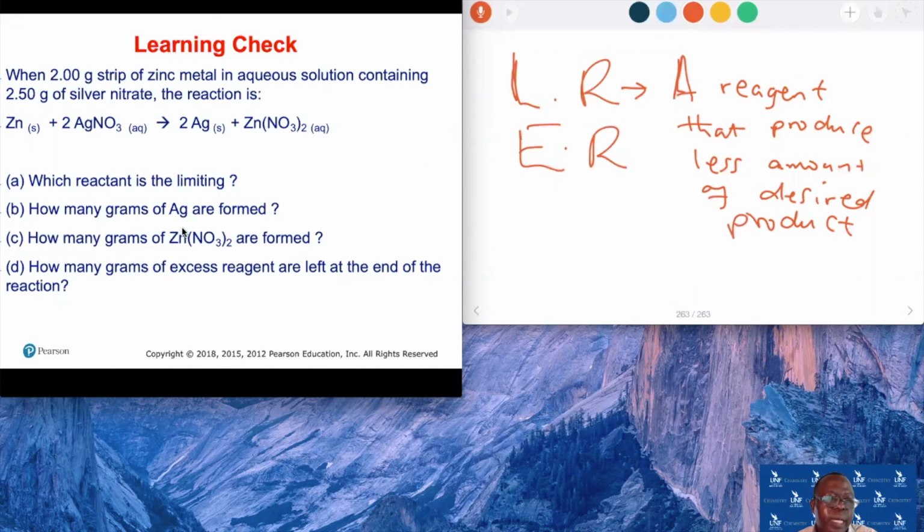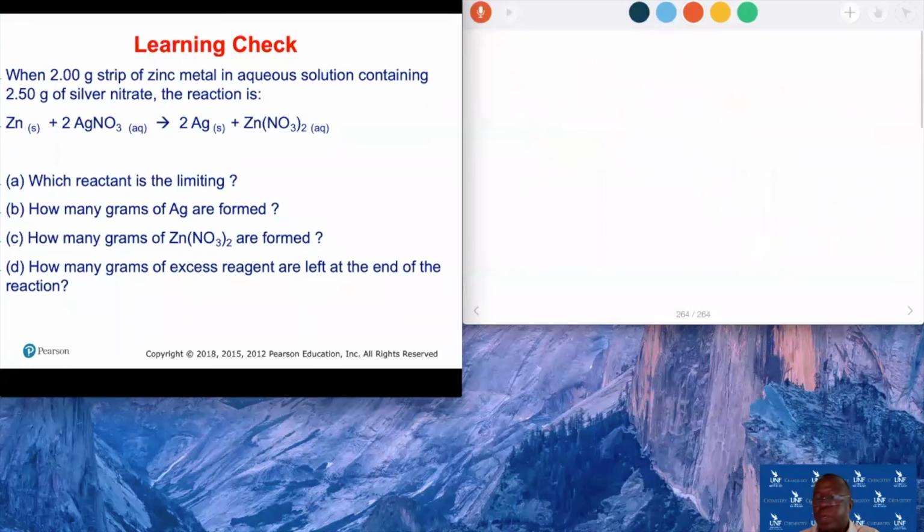At this point, we don't know which one is the limiting reagent. We don't know which one is the excess reagent. We don't know how much will be left for the excess reagent. You have to do the mass. So at the outset, you need to know the molar masses or atomic masses of your elements or compounds.